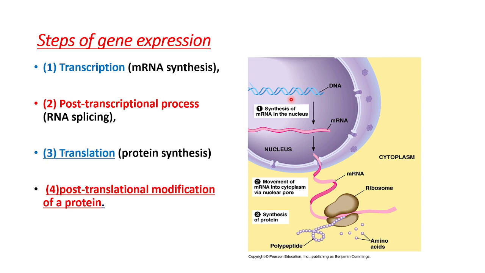The amino acids join via peptide bonds, and then the polypeptide is formed. After that it refolds itself, either inside the ribosome or outside it, and in the meantime it can undergo different post-translational modifications as well. Post-translational modifications occur after the polypeptide has been formed. So these are the different steps involved in the expression of your gene.